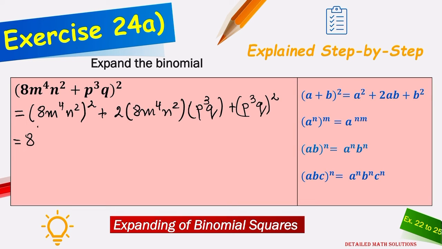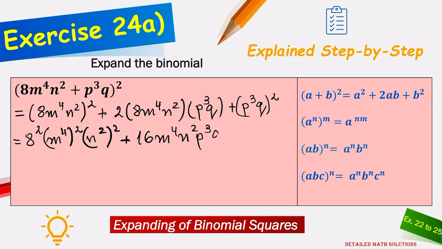We get 8 squared m to the fourth power squared n squared squared, plus we have 2 times 8 to make 16 m^4 n^2 p^3 q, plus then we have p cubed to the power of 2 and q squared.